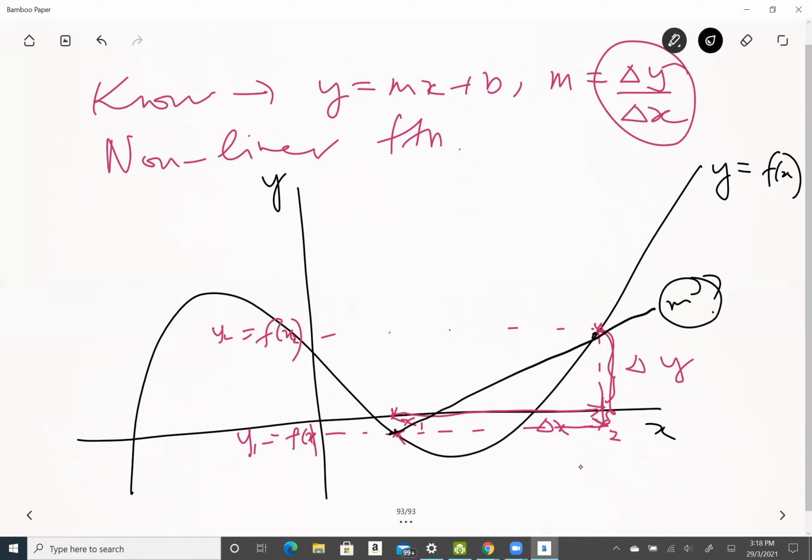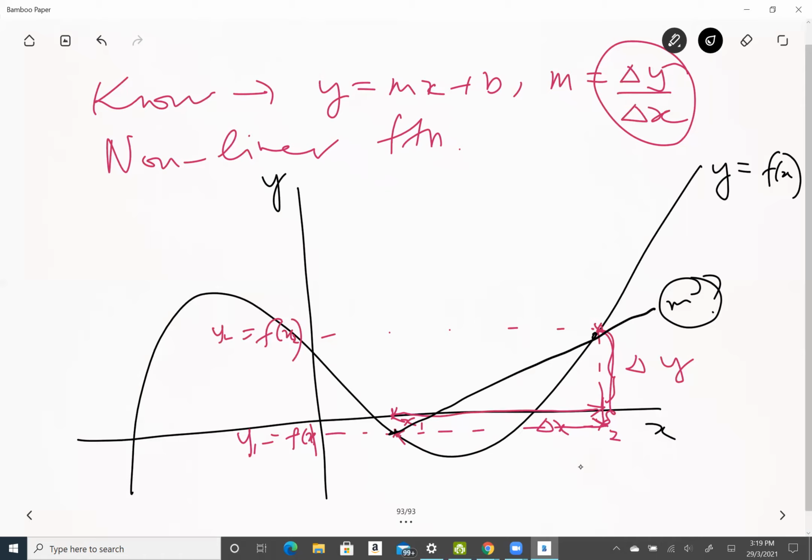Okay, now is the slope m of the straight line the same as the actual curve? No, sir. Between x1 and x2 is not a straight line, it's a curve. So if you use that formula delta y over delta x, you get the slope of the straight line, but what we are dealing with is the curve.